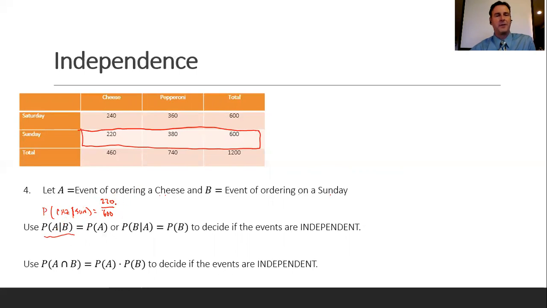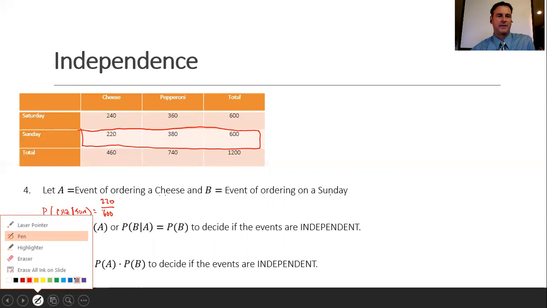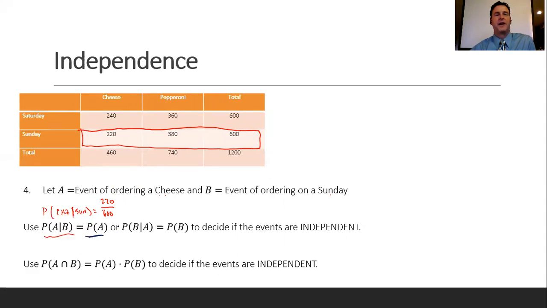Then since I've answered this, I want to see if that's the same as P of A. If you just look at the plain P of A, that's just the probability of getting a cheese. So how many cheese do I got? I got 460 all over 1200. And I'm just asking, are these the same, yes or no? And if you divide them out, they are not.